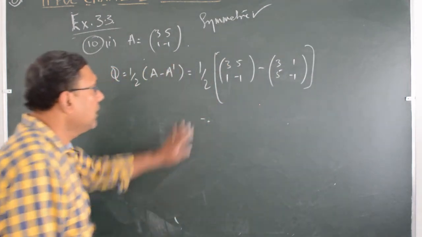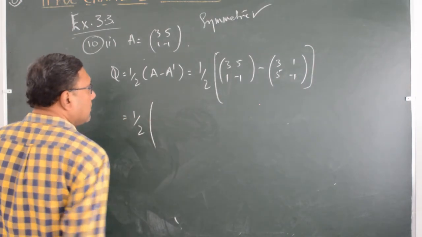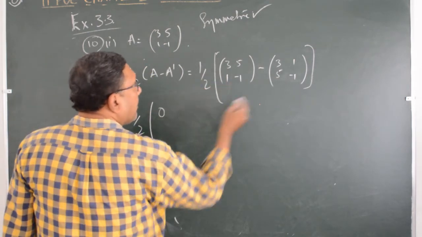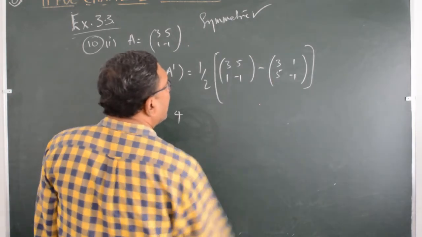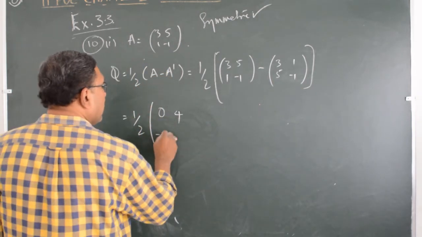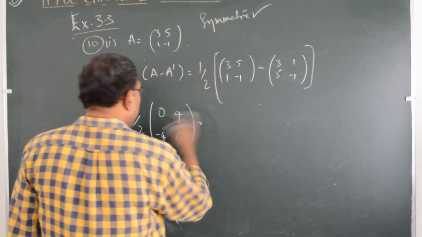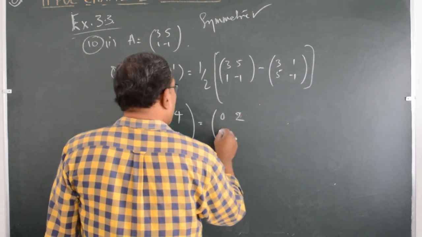Let us see what answer we get for this. Half, keep it outside. 3 minus 3 is 0, 5 minus 1 is 4, 1 minus 5 is minus 4, and minus 1 minus of minus 1 is obviously 0. Take half inside, this will be 0, 2, minus 2, 0.